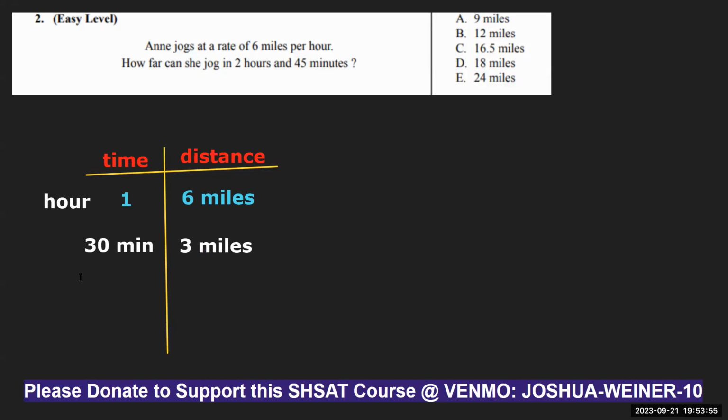And then if we want half that, then 15 minutes, she'll have traveled half of 3 miles, or 1.5 miles. So if we want 2 hours and 45 minutes, well, here's the 45 minutes part. We can add 30 plus 15 to get 45 minutes. And then for hours, we have to do that twice.